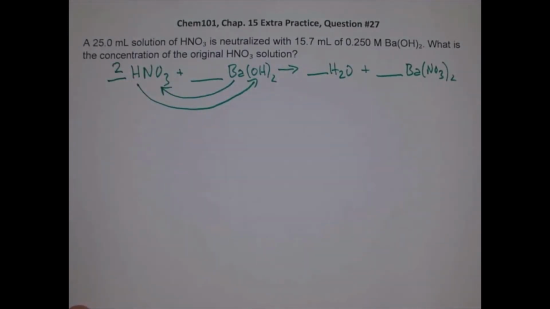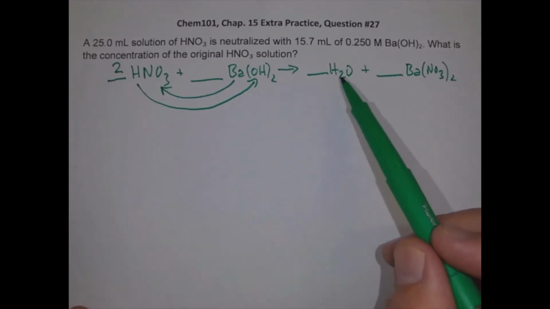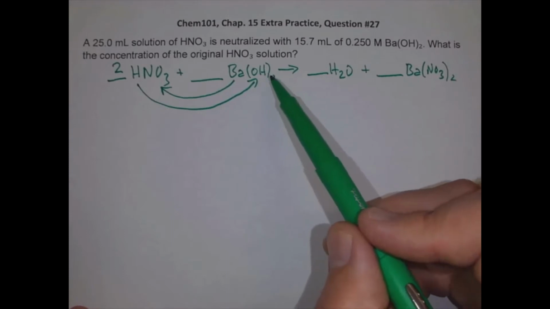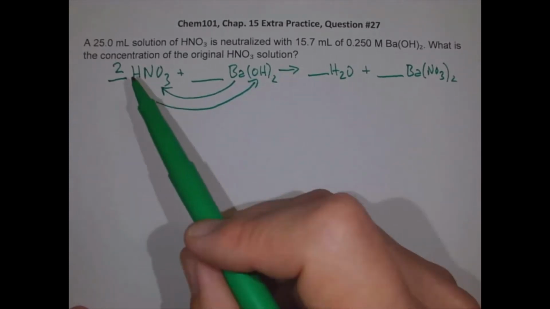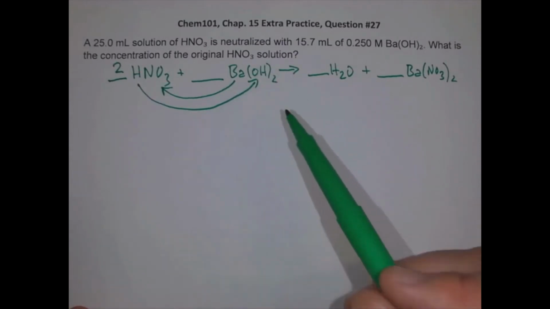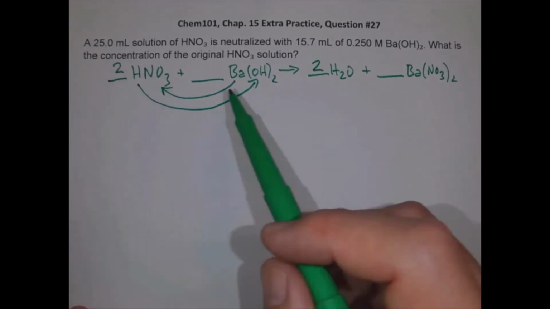All right? And so now I've got 2 hydrogen on the left from the nitric acid, and I've also got 2 hydrogen on the left from these hydroxides in the barium hydroxide. So I've got a total of 4 hydrogen on the left, but only 2 hydrogen on the right. So once again, I can fix that just by putting a coefficient of 2 out in front of the water. And so now I should be balanced because I have 2 oxygens and 2 oxygens.